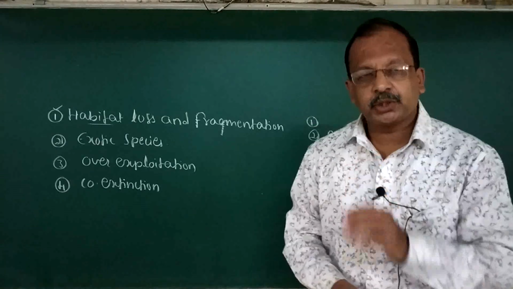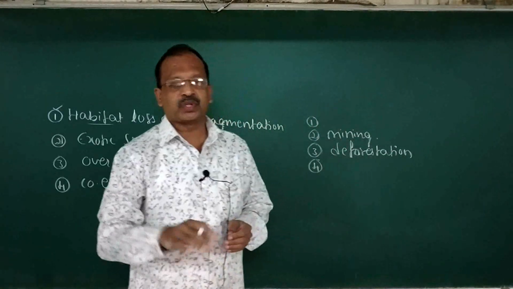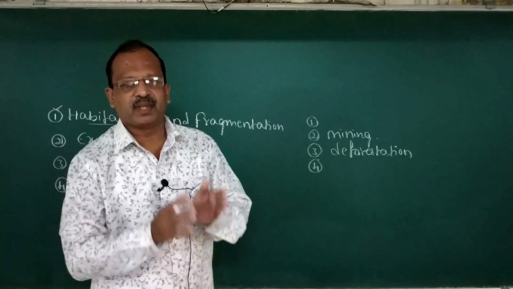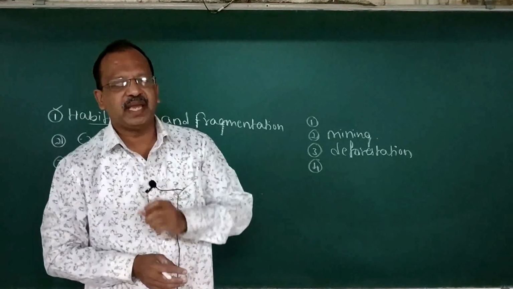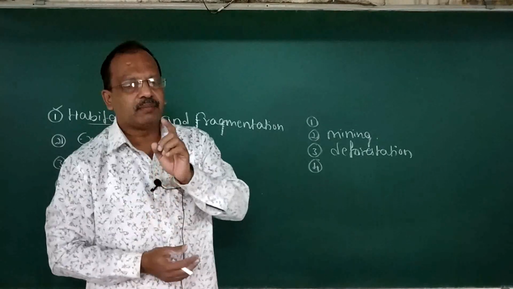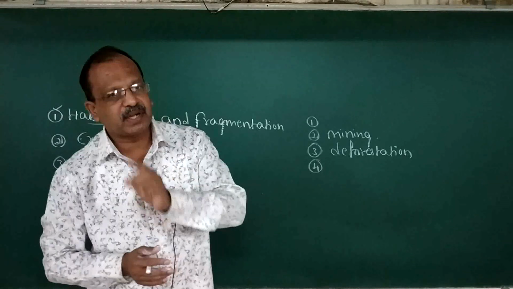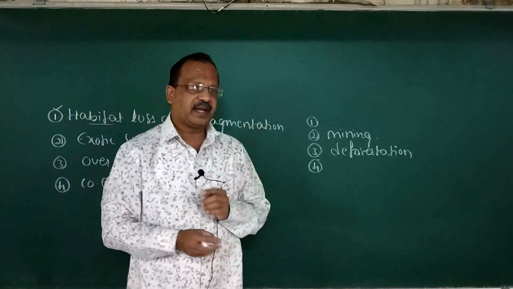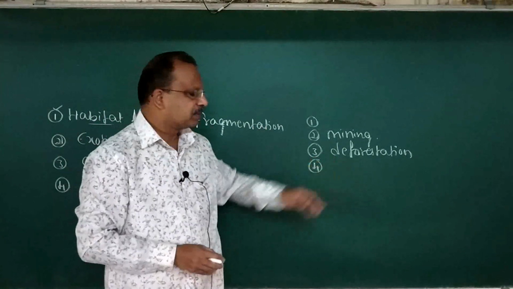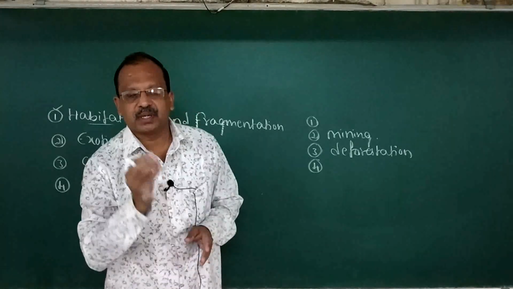Urbanization means migration of the rural people towards the metropolitan cities. Urban area is developed area. Second, mining activities. Third is deforestation.